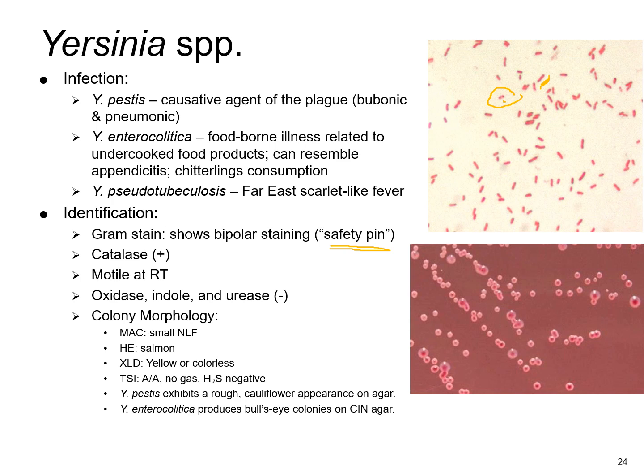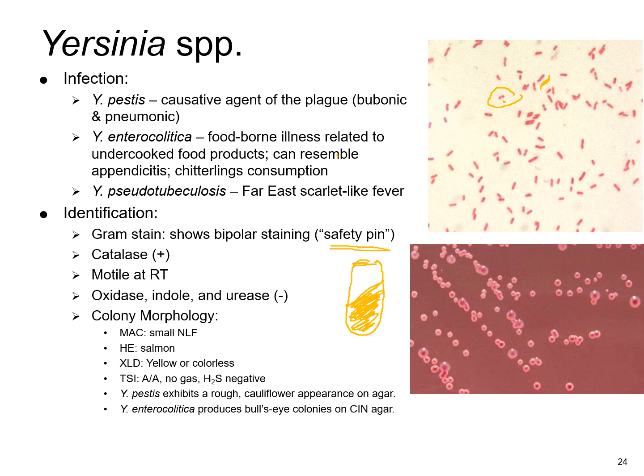With XLD agar, they are yellow to colorless. With your TSI agar slant, these organisms present with an acid slant and an acid butt, so they would be yellow all the way through. No gas, no H2S.